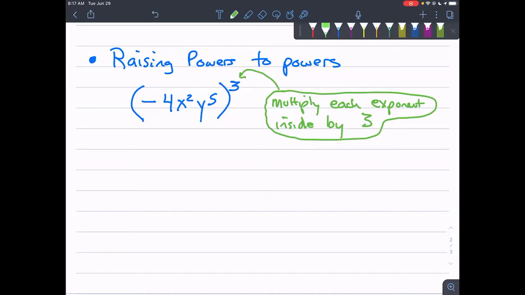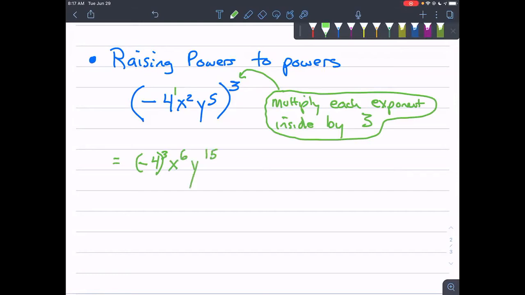So, by the way, what's the exponent on the 4? 1. So that's also going to multiply by 3. So it's going to be, just going forward, negative 4 to the 3rd. I'm going to put the negative 4 in parentheses. Negative 4 to the 3rd, x to the 6th, y to the 15th.